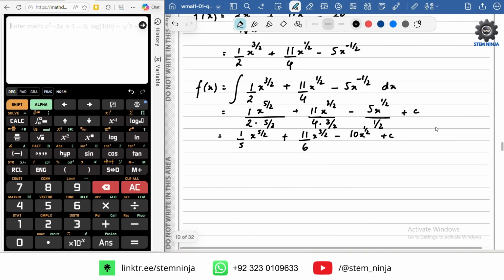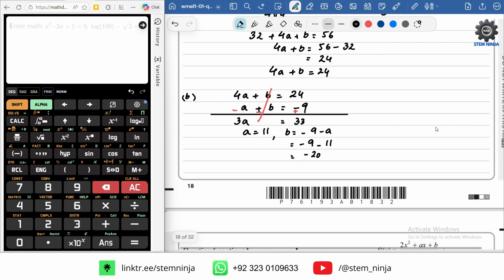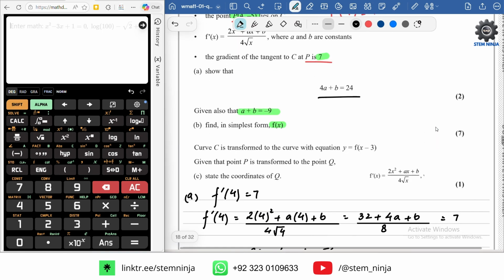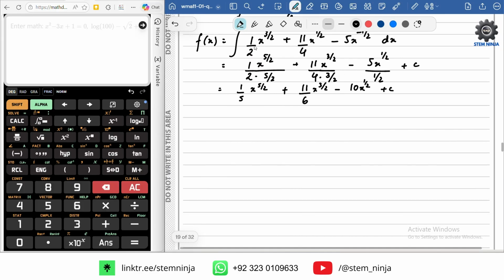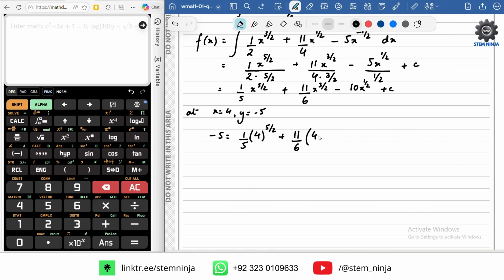So now we need to find the constant of integration, which we will find by this point, because this lies on this function. So at x equal to 4, y is equal to minus 5, so therefore minus 5 is equal to 1 over 5 times 4 to the 5 over 2 plus 11 over 6 times 4 to the 3 by 2 minus 10 times 4 to the 1 by 2 plus c.